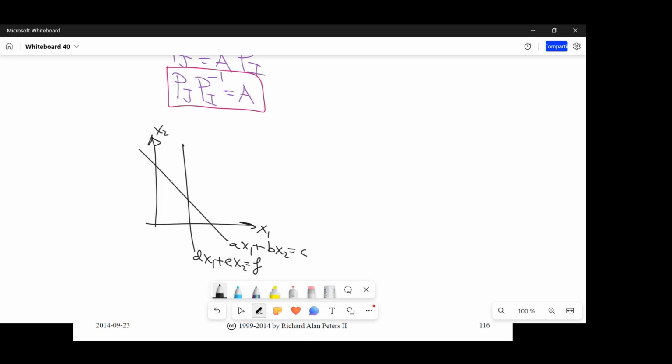So we have the same structure. We are solving two equations with two unknowns. Our unknowns are x1, x2. We can find a point where they intersect.